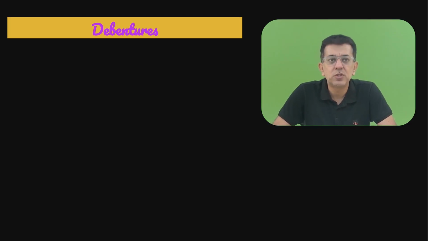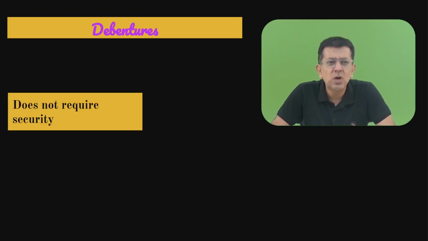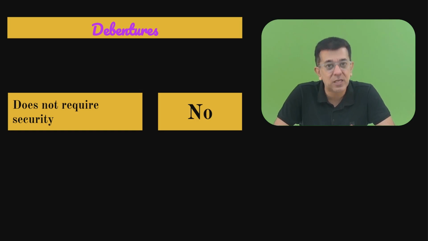Now, we all started off. See, we are talking of debentures. Does not require security. Now, you must be knowing that whenever debentures are issued, they are always secured debentures. Something is kept as security.